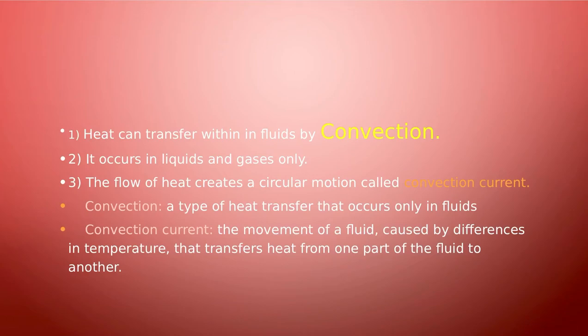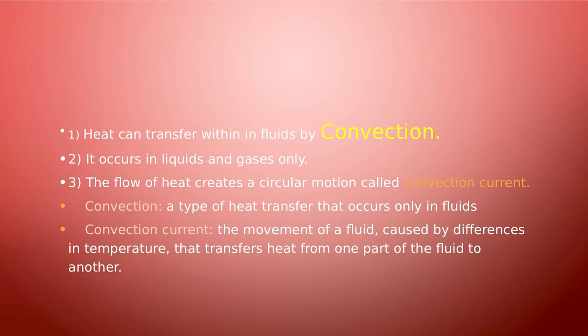As we said, the lower part of the water has high thermal energy because it's exposed directly to the source of heat, and the upper part of the water has lower thermal energy or lower temperature because it's far away from the source of heat. So these particles will make this circular motion that transfers heat from one part of the fluid to another, and this is called convection current.